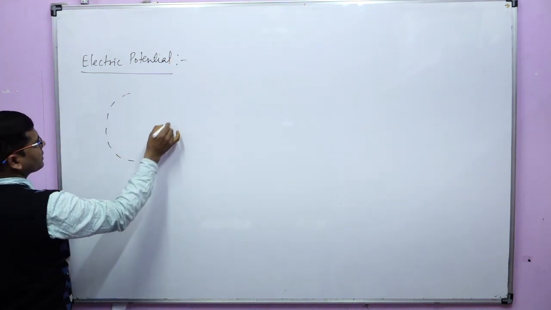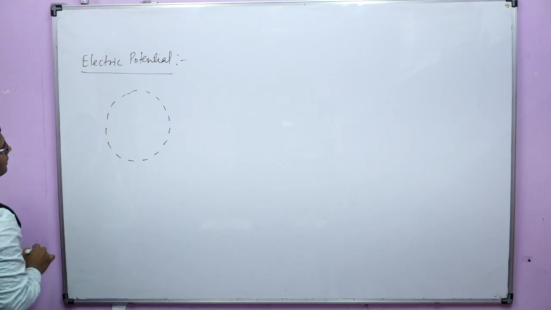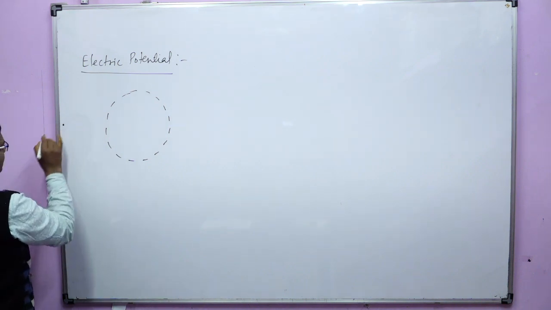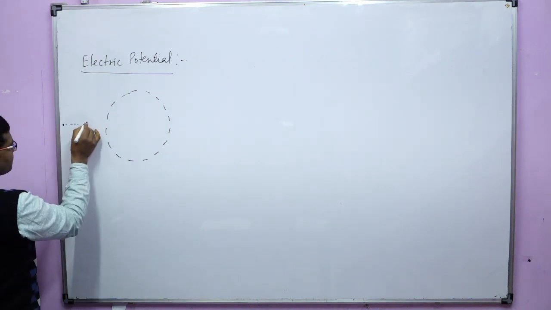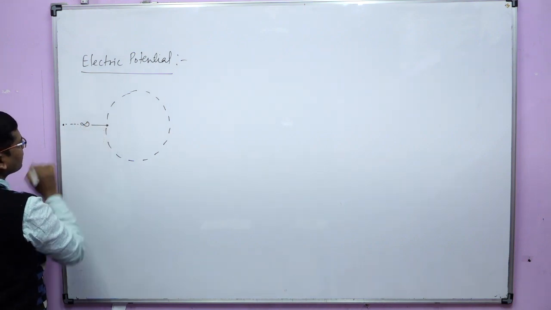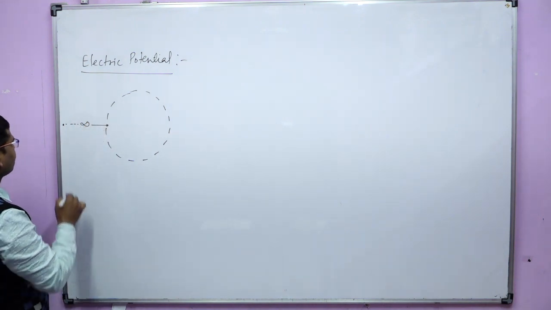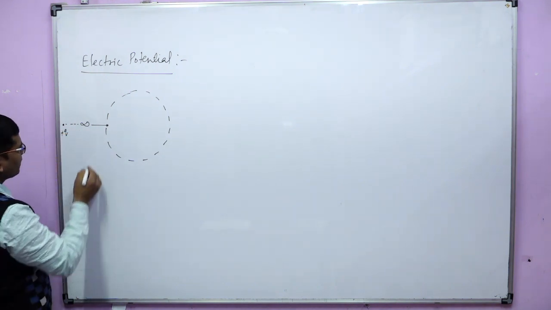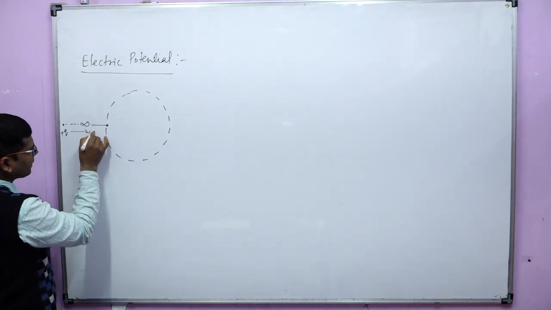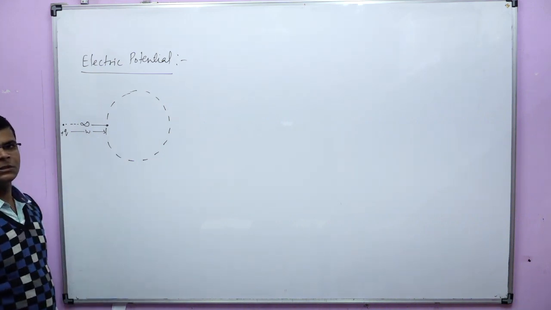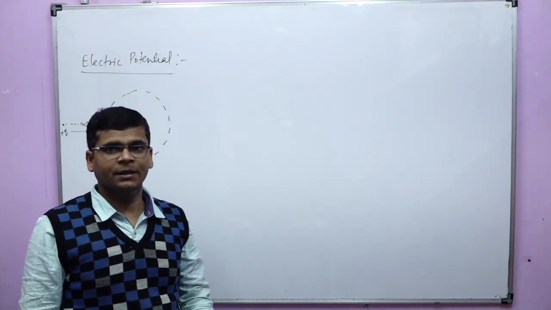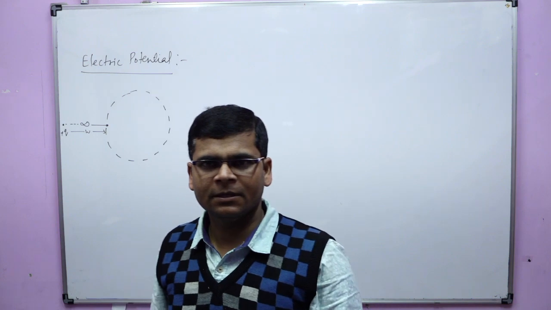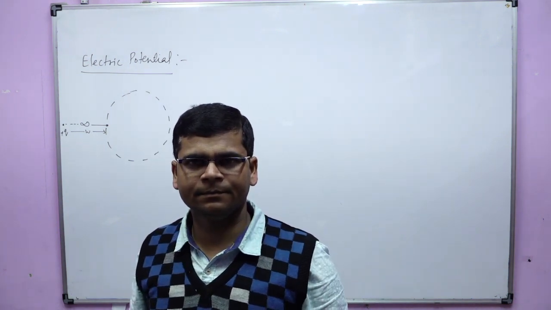Imagine that this one is an electric field and there is a point at infinite distance away from the electric field, and there is a test charge, and this charge has to be carried, and in doing so some amount of work is getting done. So that is electric potential.